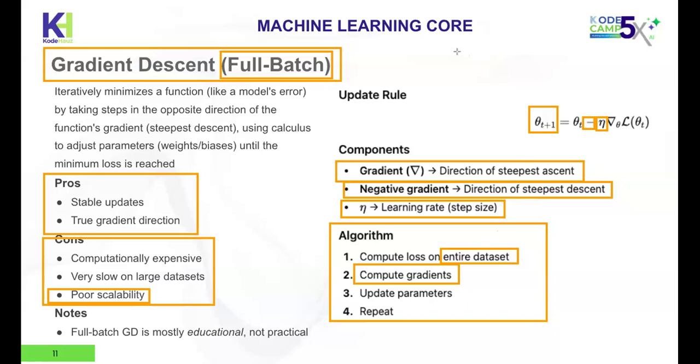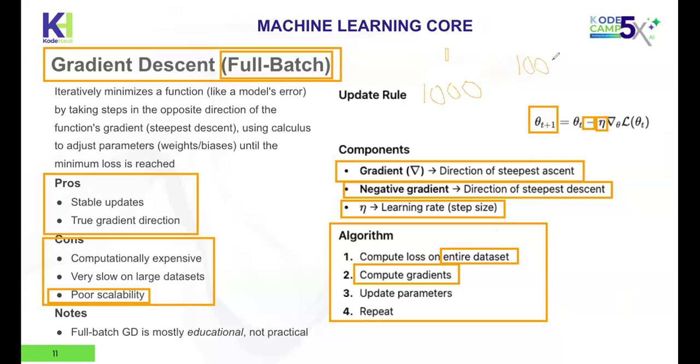Let's say you have 1,000 data points, 1,000 rows, and you have maybe 1,000 parameters.